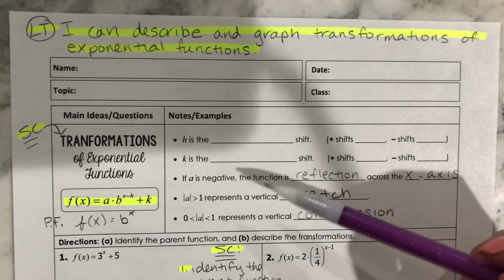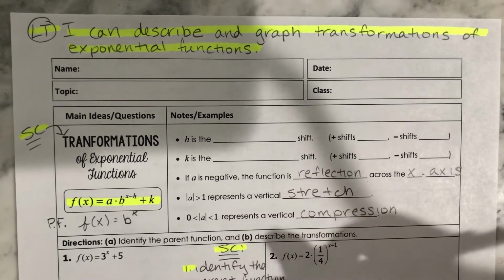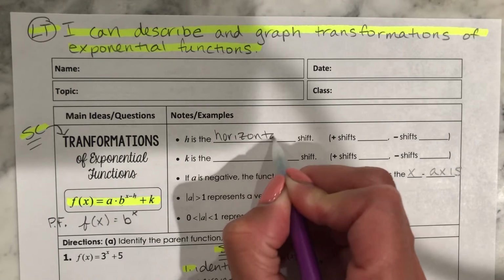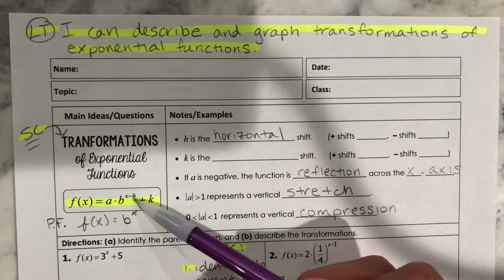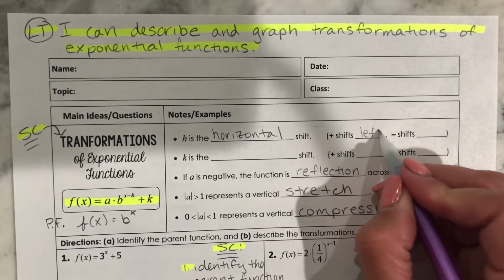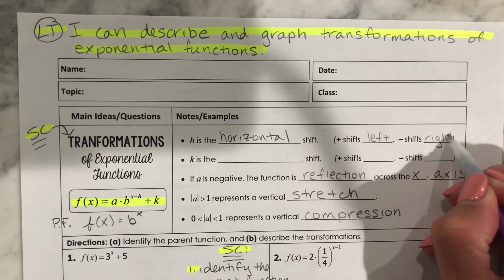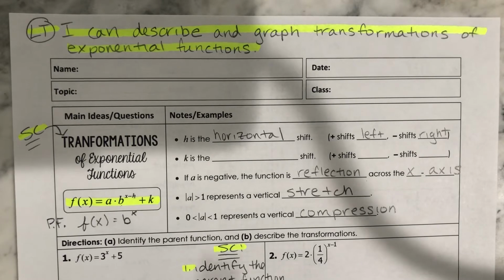All right, so what about this h? So h is going to be your horizontal shift. And if it's plus h, if you're adding h, it's going to shift to the left, and a minus h will shift it to the right. Again, we already know all these rules. This is just kind of a refresher. And then this plus k, that's going to be your vertical shift.